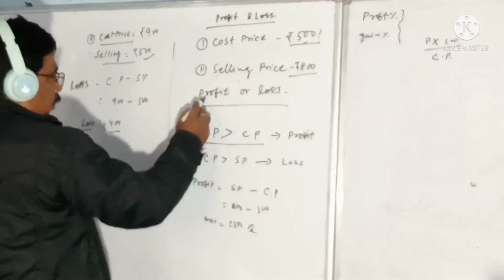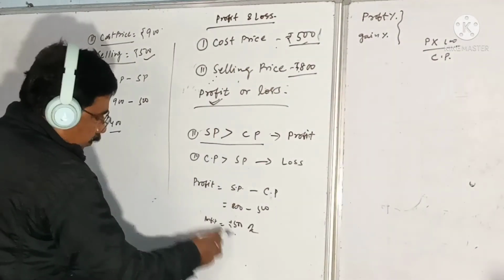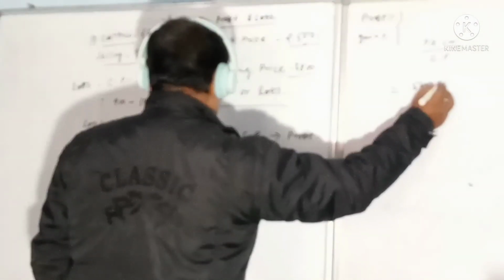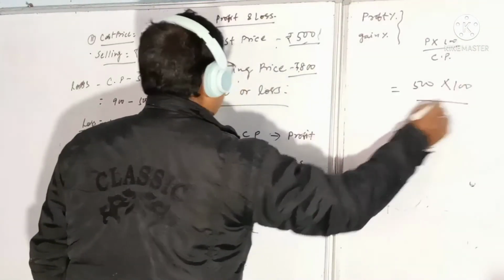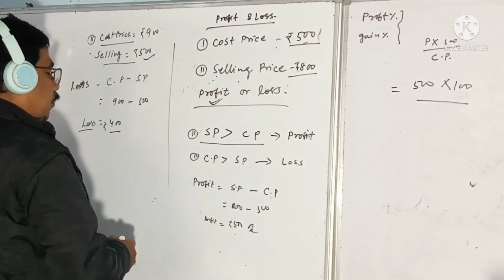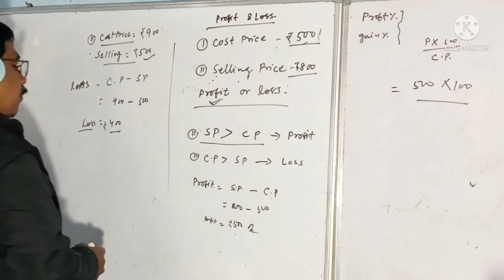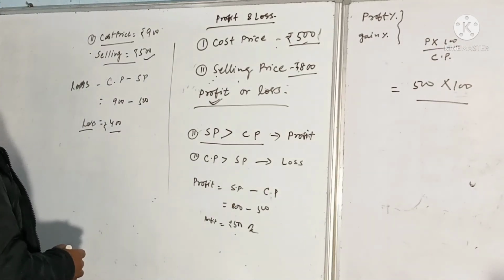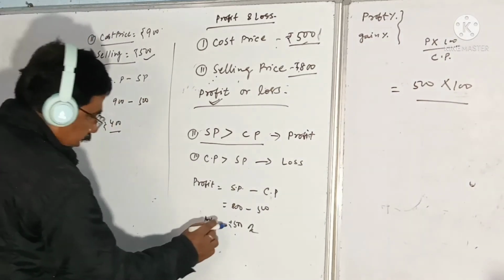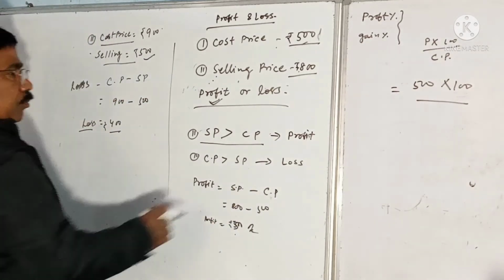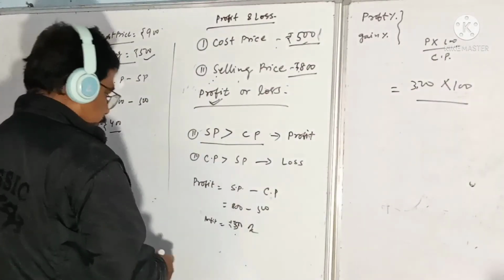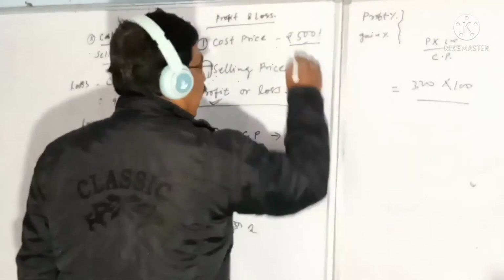Here profit is 300, sorry, a mistake. 300 into 100 by CP 500.